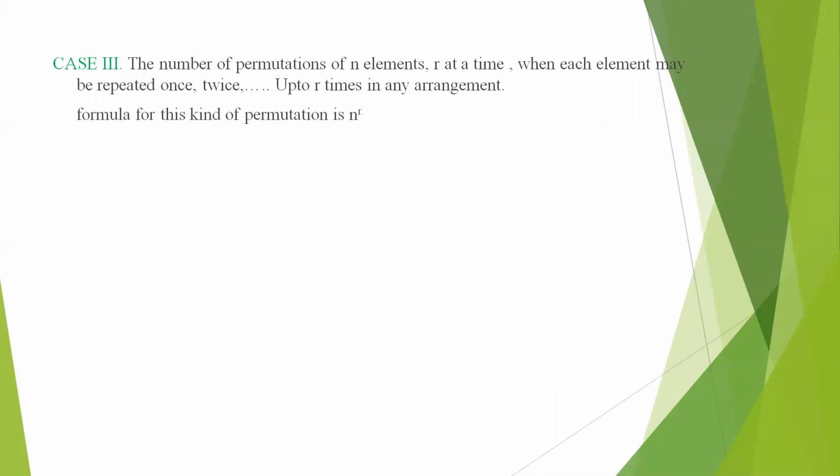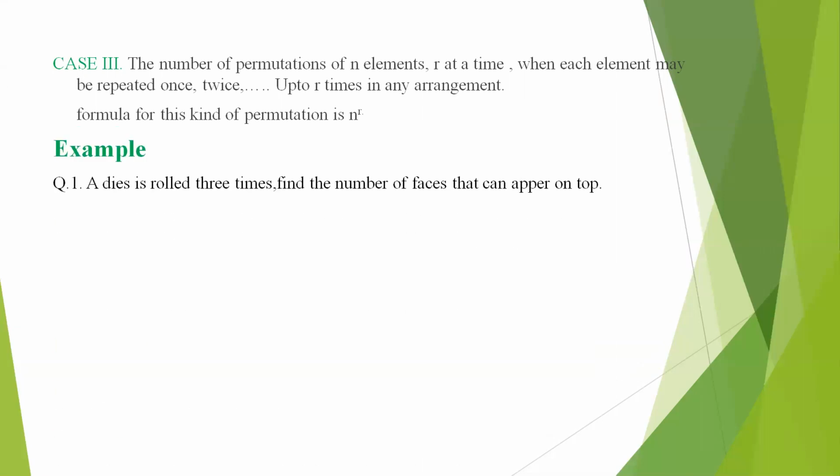Proceeding in this manner, the number of ways in which the r places can be filled is n raised to r. So the formula for this kind of permutation is n raised to r. Let's take an example on this case.